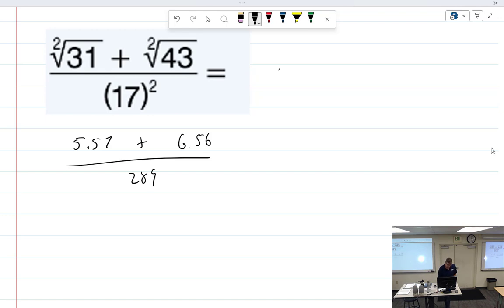So I got 12.13 divided by 289, which is equal to about 0.0419. So I got 0.0419 somewhere on there. So that would round to 0.042, somewhere in that neighborhood.